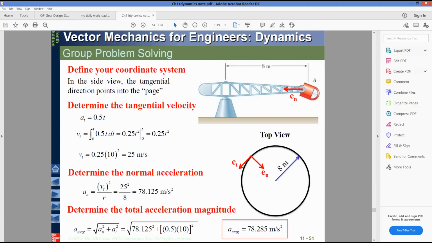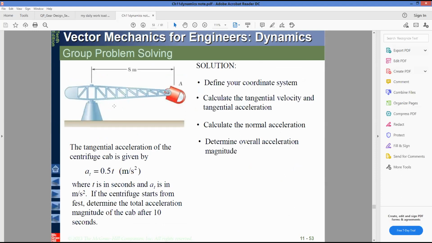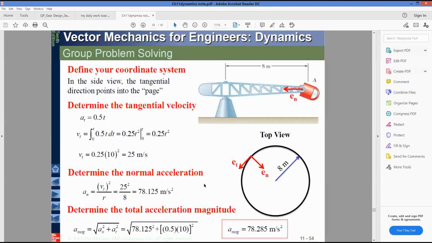So tangential velocity, you can see it is given in this question: 0.5t. Here you can see it is given in the question. So if we need to find the tangential velocity term, how do we solve that? Just integrate the equation which is given in the question.